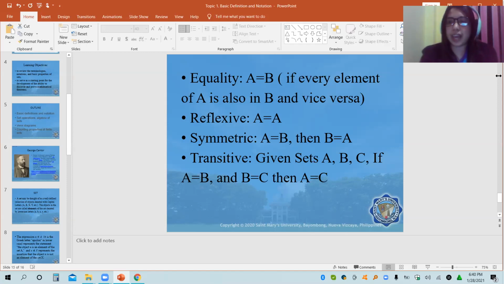For reflexive, A is, of course, equal to itself.